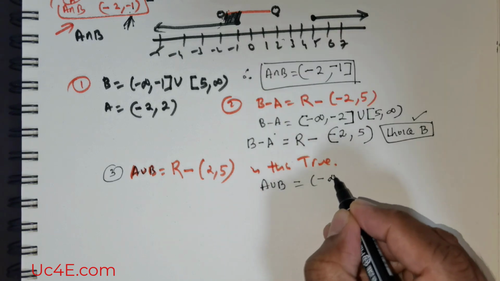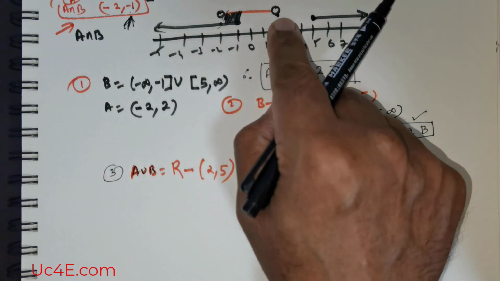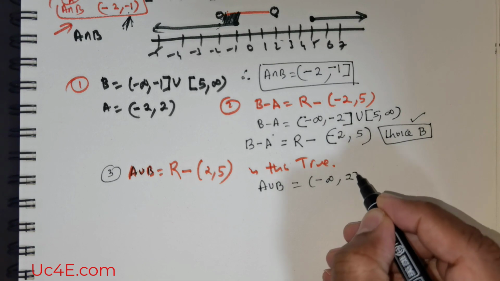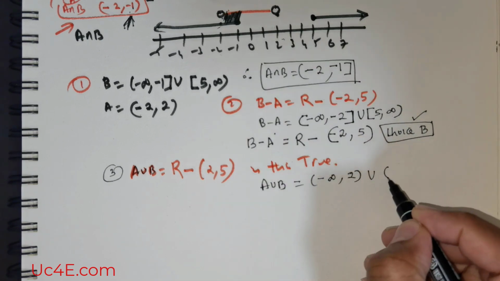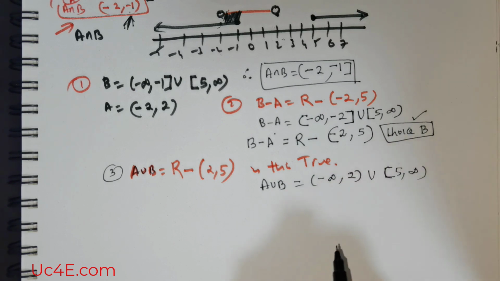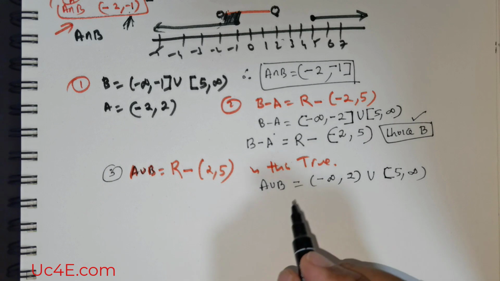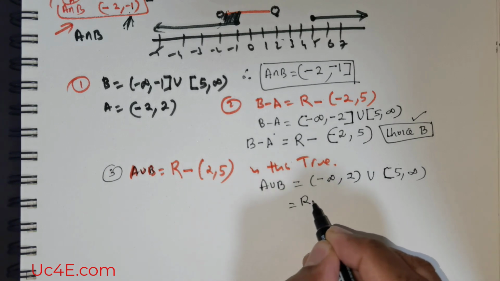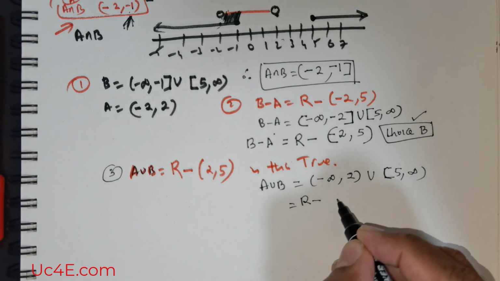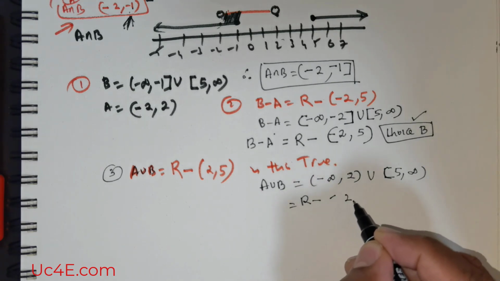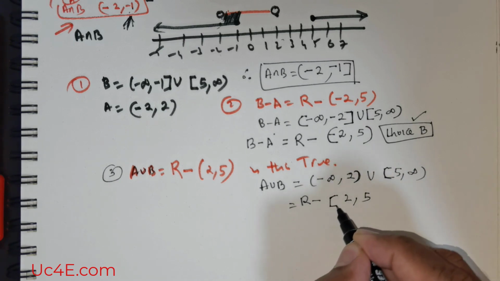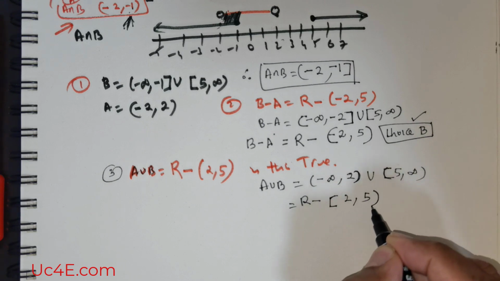From negative infinity, this is the region of A, all the way to 2, because we're talking about A union B. So all the way to 2, and then this has to be united with closed interval 5 to positive infinity. Now if you were to write it in terms of R, you've got to take the complement of this. So you've got a 2, let me write the 2 and a 5. This is open, so you place a closed. This is closed, so you place an open.